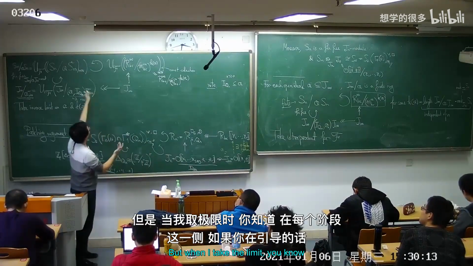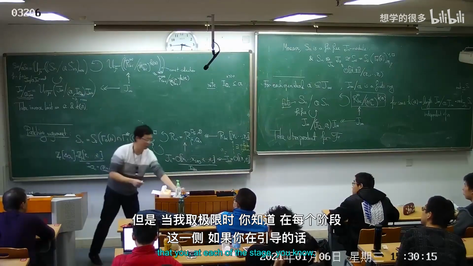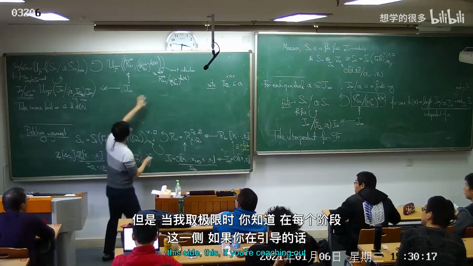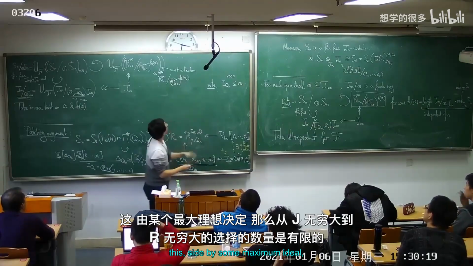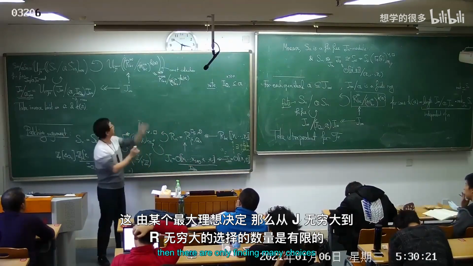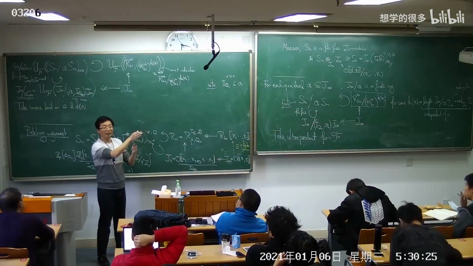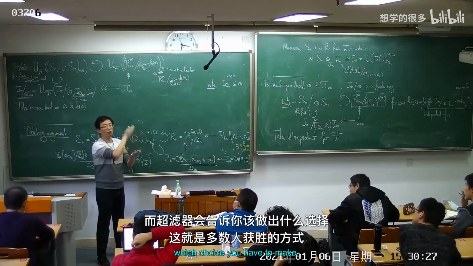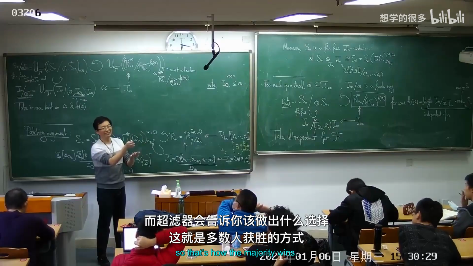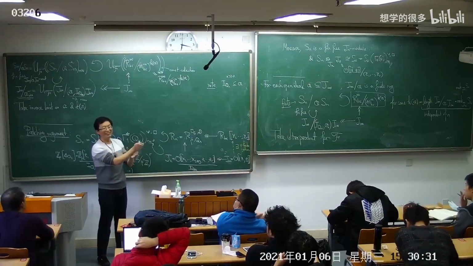But when I take the limit, at each stage, if you quotient out this side by some maximal ideal, then there are only finitely many choices from J infinity to R infinity log. And the ultrafilter will tell you which choice you have to make, so that somehow the majority wins.